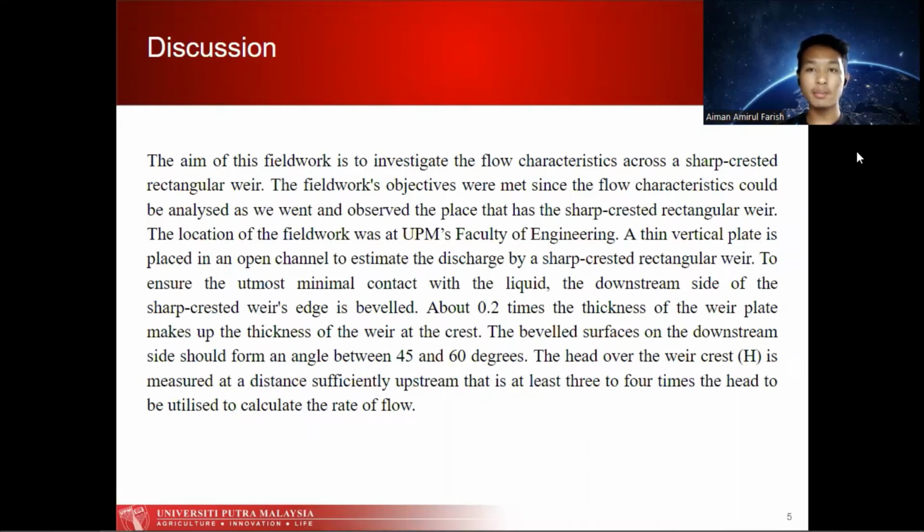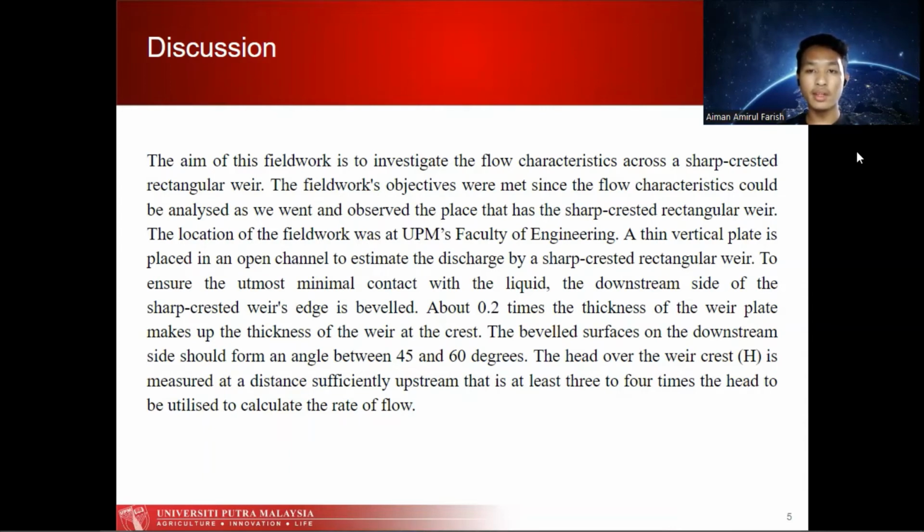A thin vertical plate is placed in an open channel to estimate the discharge by a sharp-crested rectangular weir to ensure the utmost minimal contact with the liquid. The downstream side of the sharp-crested weir's edge is beveled, about 0.2 times the thickness of the weir plate makes up the thickness of the weir at the crest.